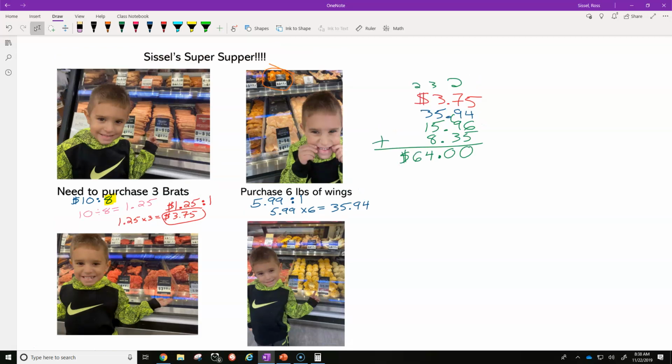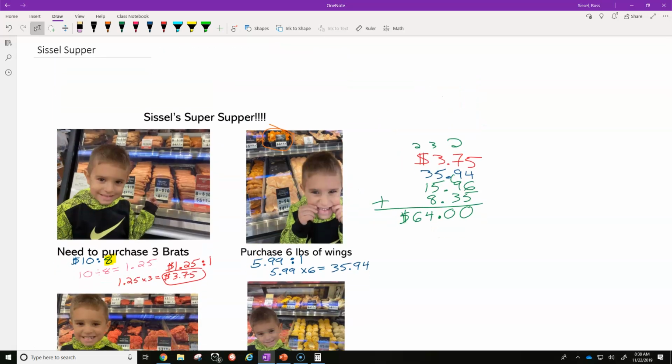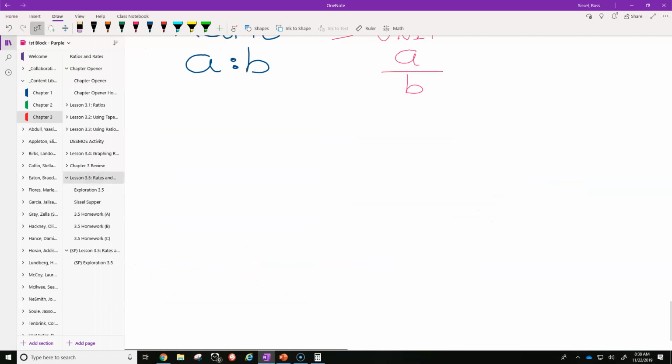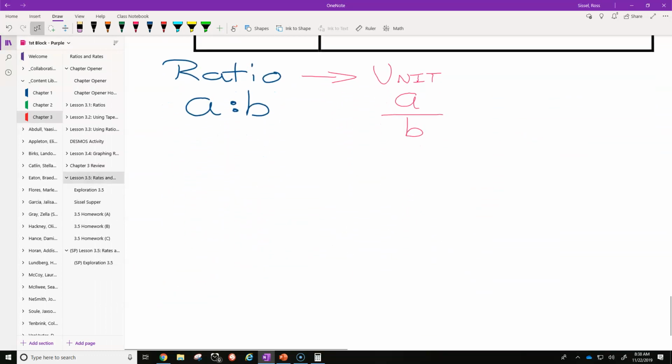So, biggest thing, 2 parts that we have to make sure we understand for today's lesson. You write your ratio, and remember, the second term is the one that we want to be our single unit. That is important.